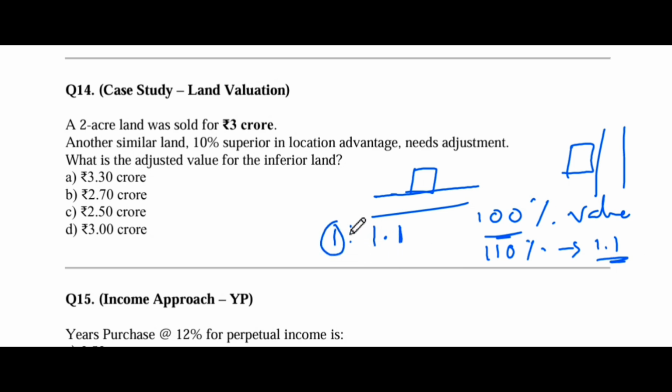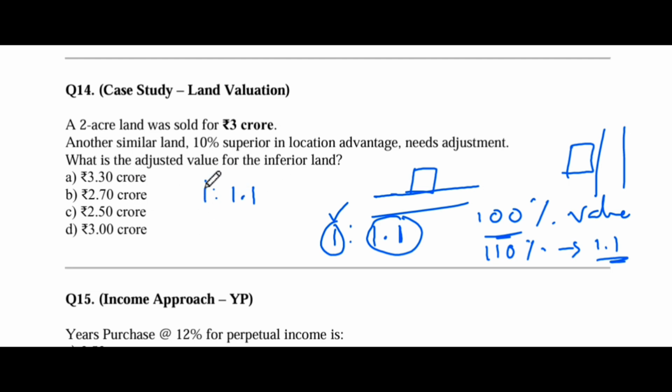This is our present property which we are dealing with. So we have to decide the value of this property comparing to the other land which has 10% superiority compared to this present property. So 1 is to 1.1 is the ratio of comparability.